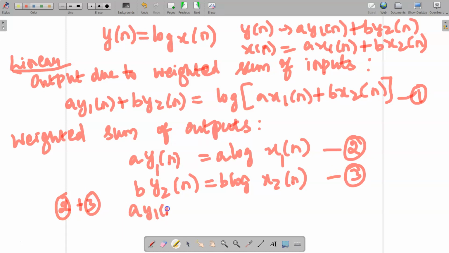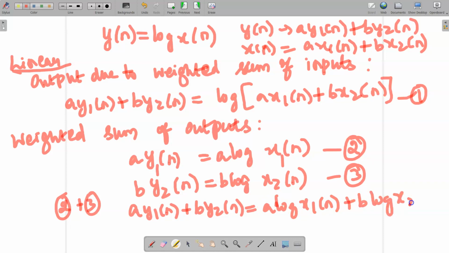So a y1 of n, on the left hand side add all your terms: a y1 of n plus b y2 of n is equal to, add the right hand side terms, a log x1 of n plus b log x2 of n. This is my fourth equation. Now compare first equation and fourth equation.